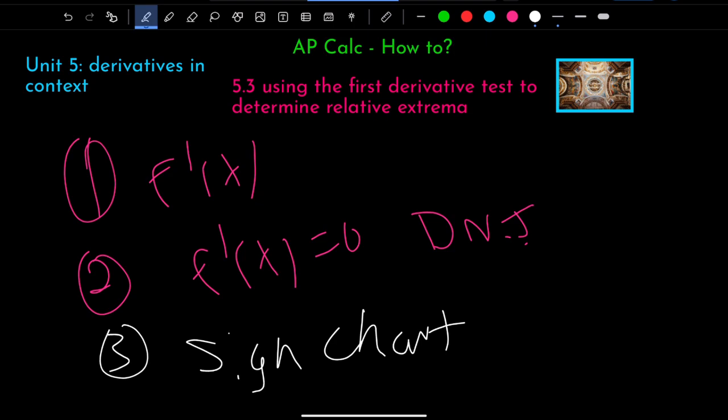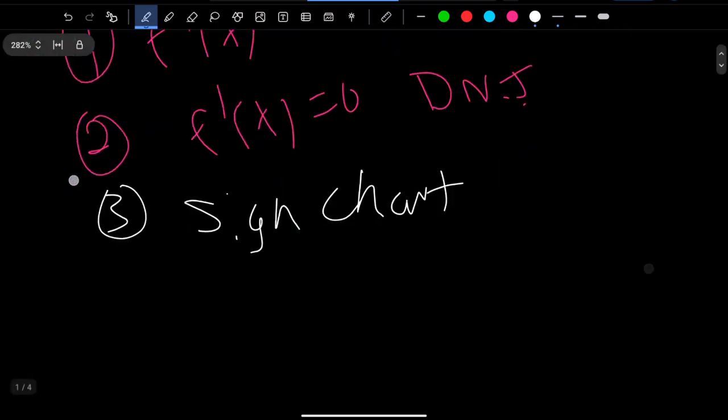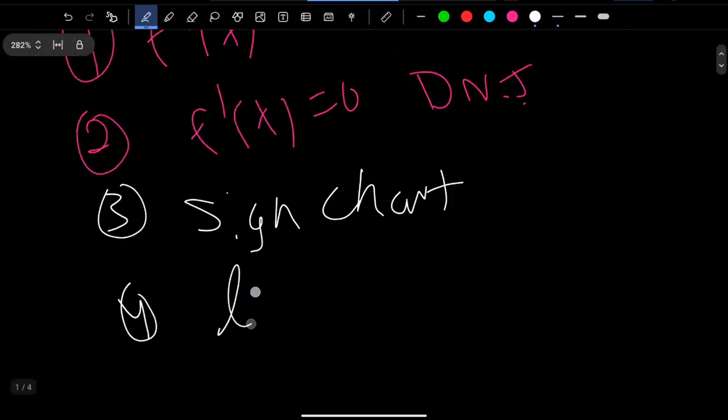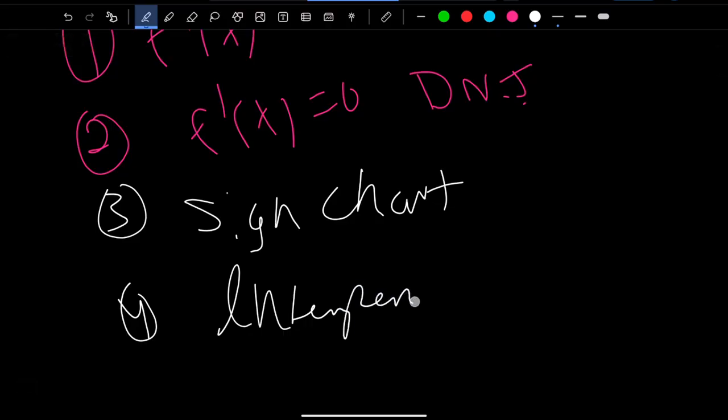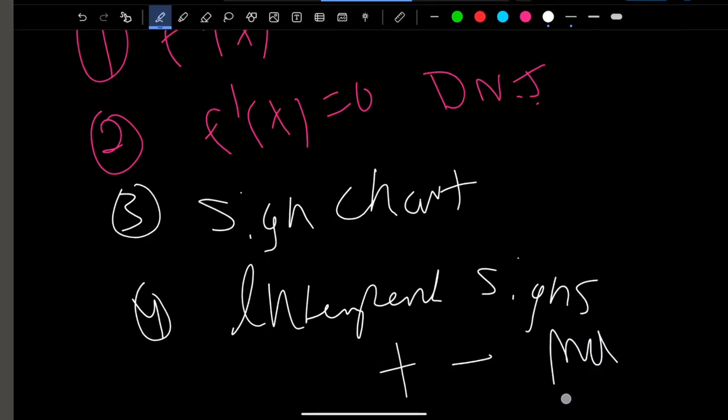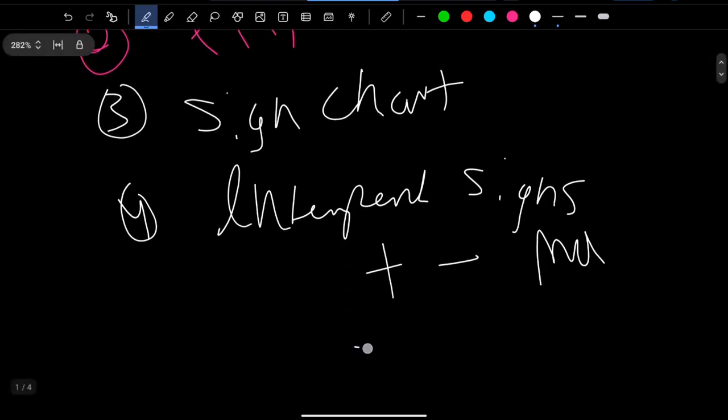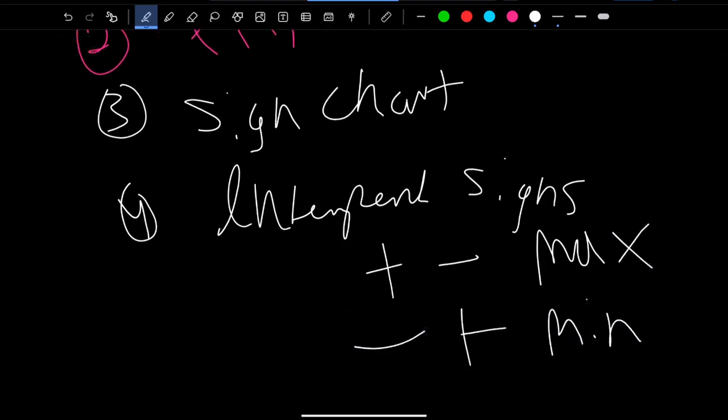Test intervals between critical points, and then step 4, we need to interpret the signs. If it's from positive to negative, you have a local maximum. Negative to positive, you have a local minimum. And if there's no sign change, no extrema.